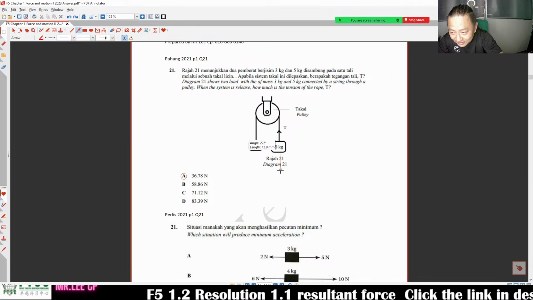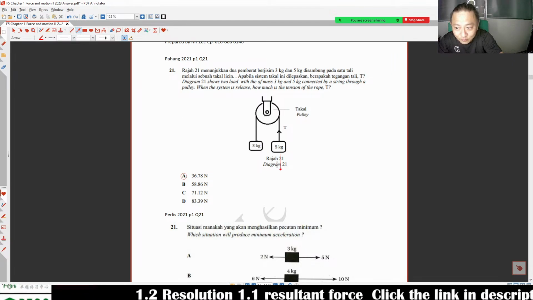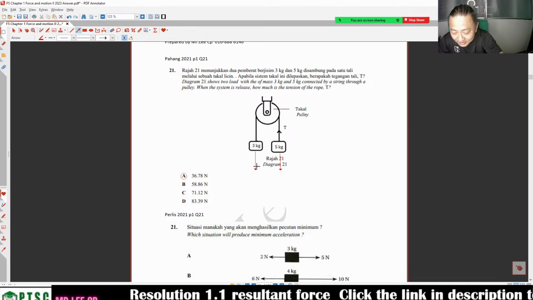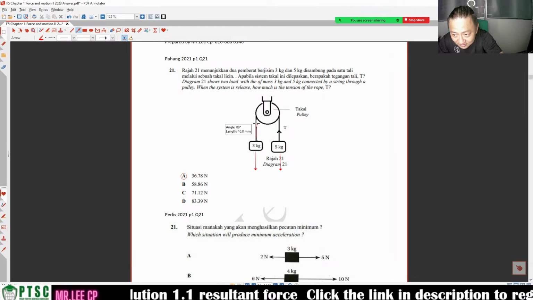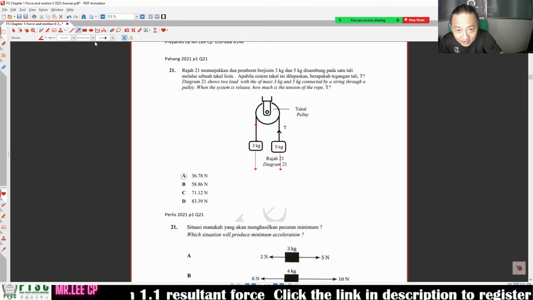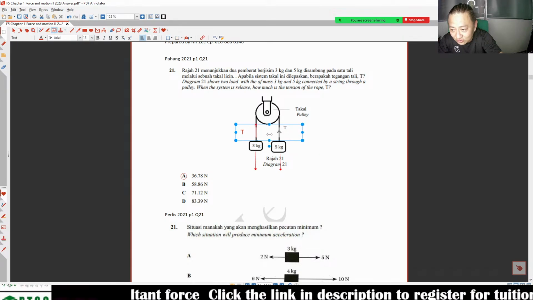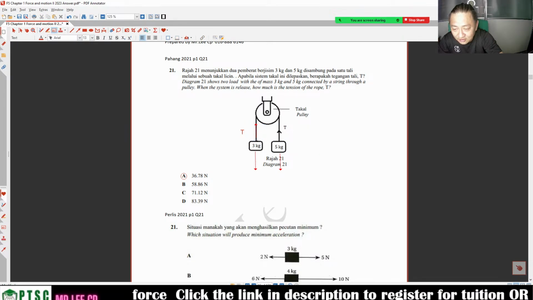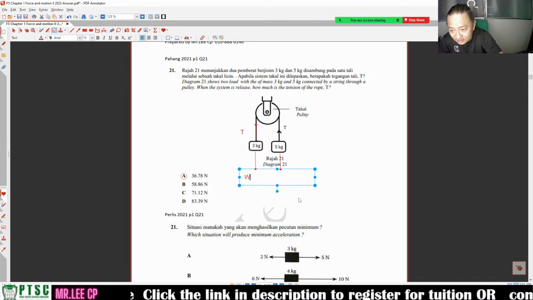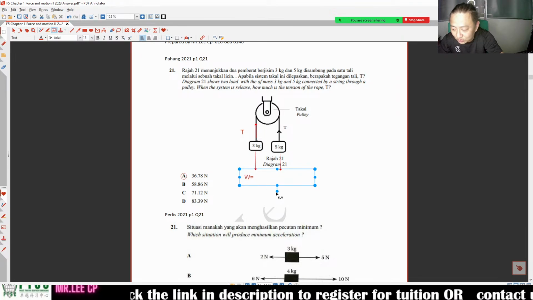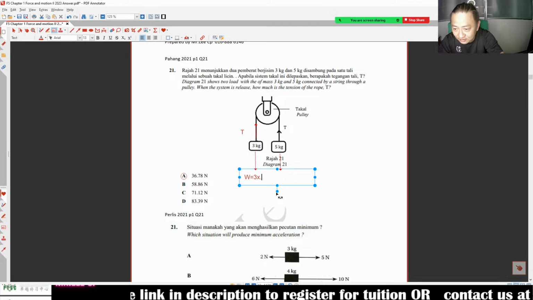Right? Here it is weight. This one is tension, and then I got a T here, tension. So I got a weight here. W is equal to 3 times 9.81.